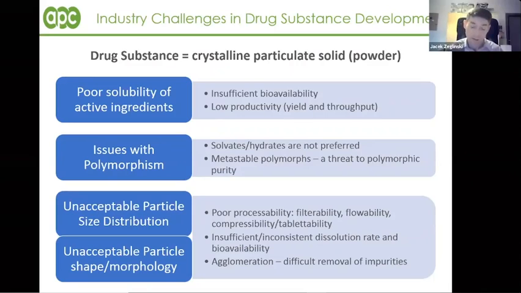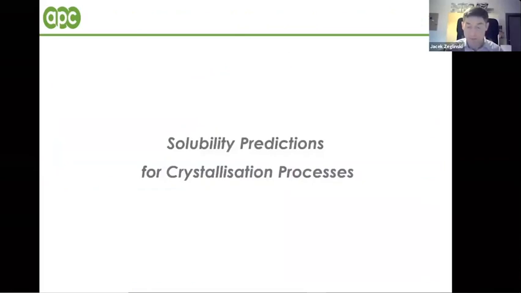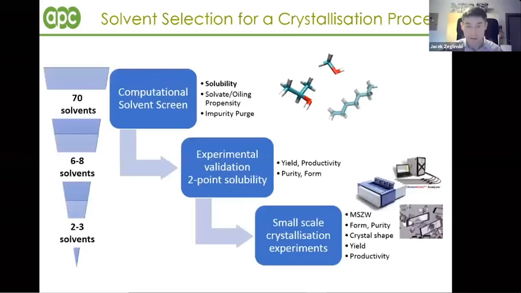And then in our daily work, we mainly do experimentation. So we do a lot of experiments. We are optimizing processes, but we are also trying to use computational methods. And I will briefly highlight those computational approaches we are using.